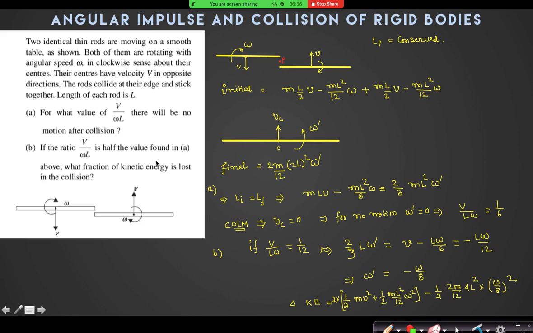Whatever is the answer, you can find it. If v, you can put L omega by 12. So in terms of L omega or in terms of v, you can find your answer. So that should be the answer of this question.